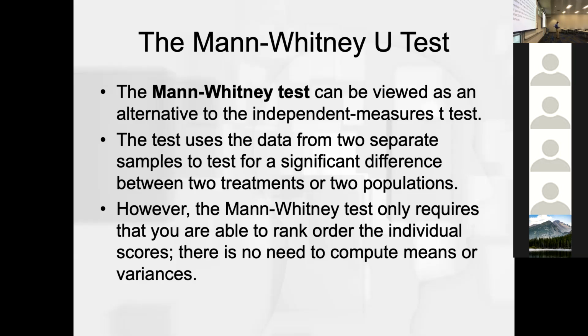The test uses the data from 2 separate samples. The test for a significant difference between 2 treatments or 2 populations. The Mann-Whitney test only requires that you're able to rank the individual scores. Thus, you don't need to compute means or variances.